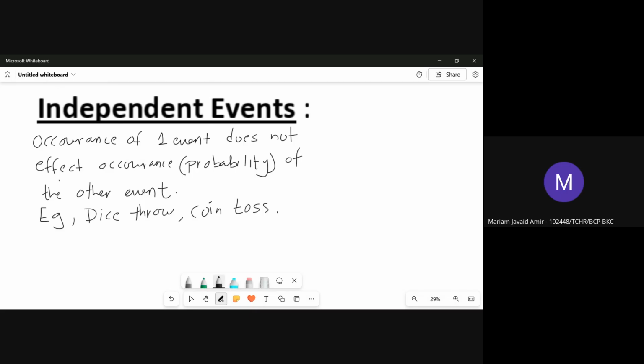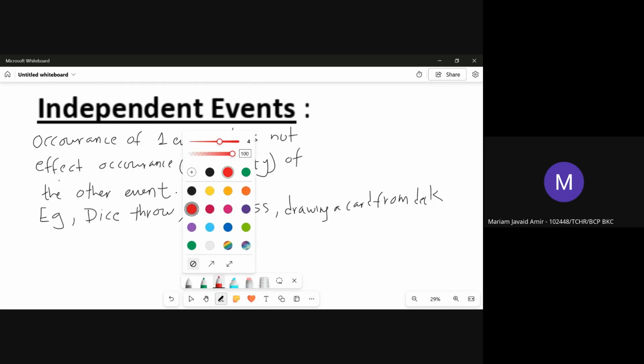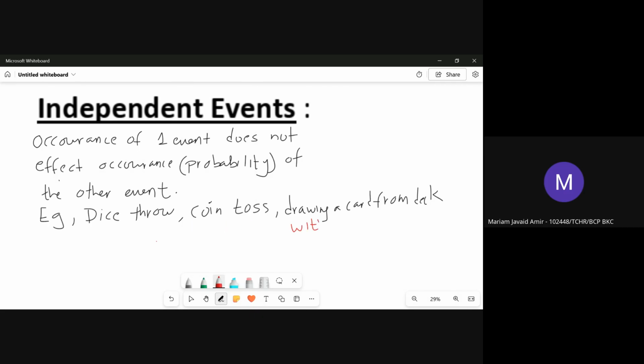Another example would be drawing a card from a deck but with replacement. Very important है, with replacement. ये मैं समझाती हूँ. With replacement का मतलब है कि जो card आपका आया है आपने deck में वापस रख दिया.